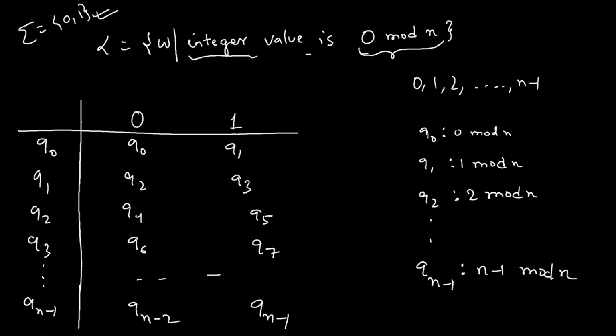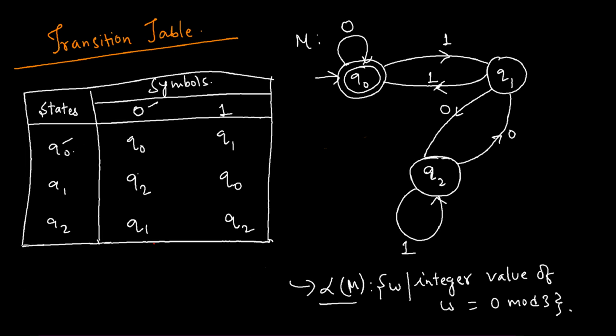Now if the question is not about 0 mod n, let's take this example only, integer value of w is 0 mod 3. If the question was about 1 mod 3, then what should you do?